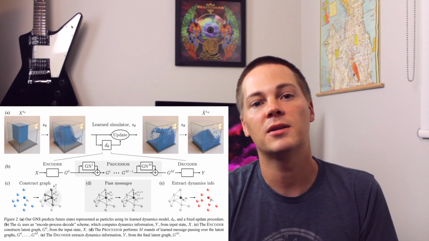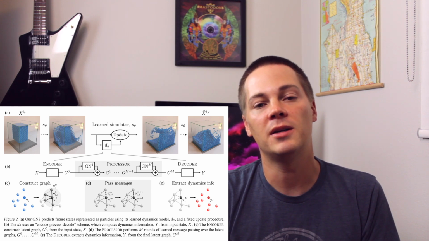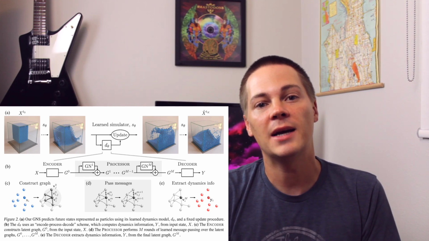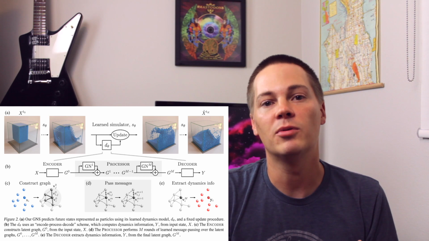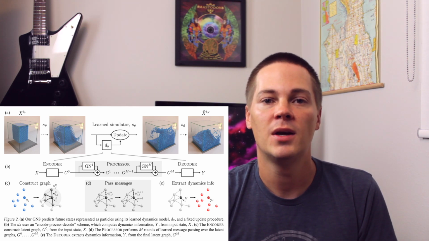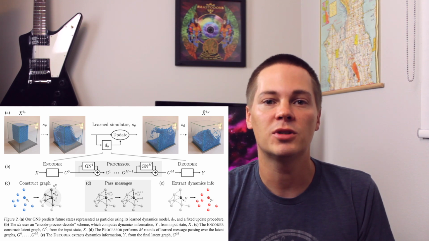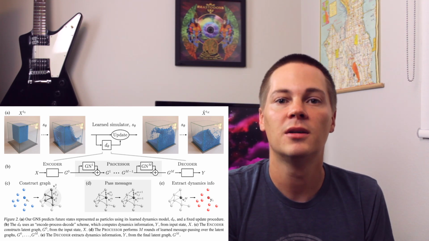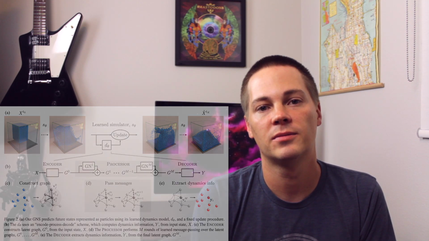At the end of this process, you have updated embeddings for each of the nodes that now take into account its m-hop neighborhood, where m is the number of graph network layers used in the processor. And then finally, the decoder translates these updated embeddings into acceleration vectors. This seems like a reasonable model of the world: in some narrow time window, these particles interact in a way that influences their future behavior, and then they move, and then the whole process starts all over again.